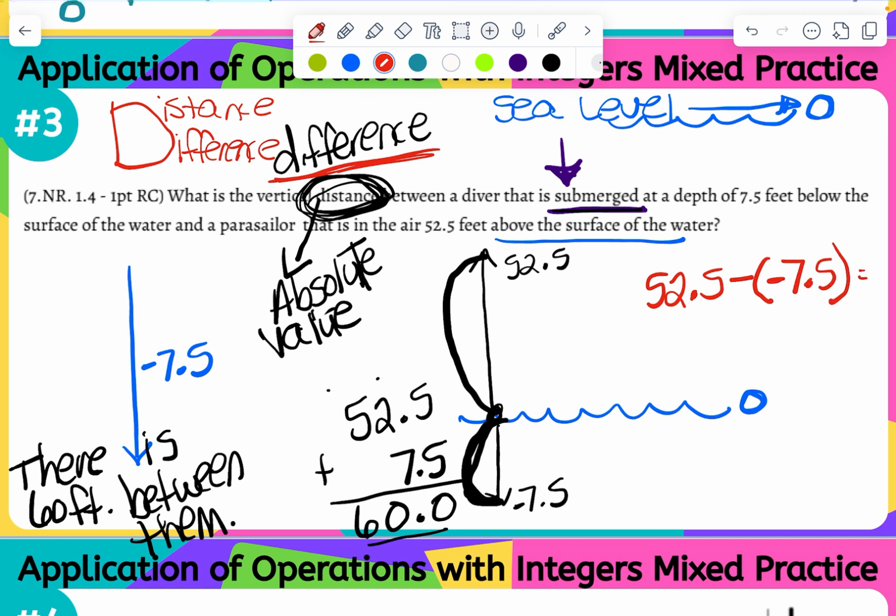And if you put that into your calculator, you're going to get 60 again. And I'm going to put it in my calculator that I've got right here just because I want to check my math, because I clearly am having some brain issues. But 60 feet between them.